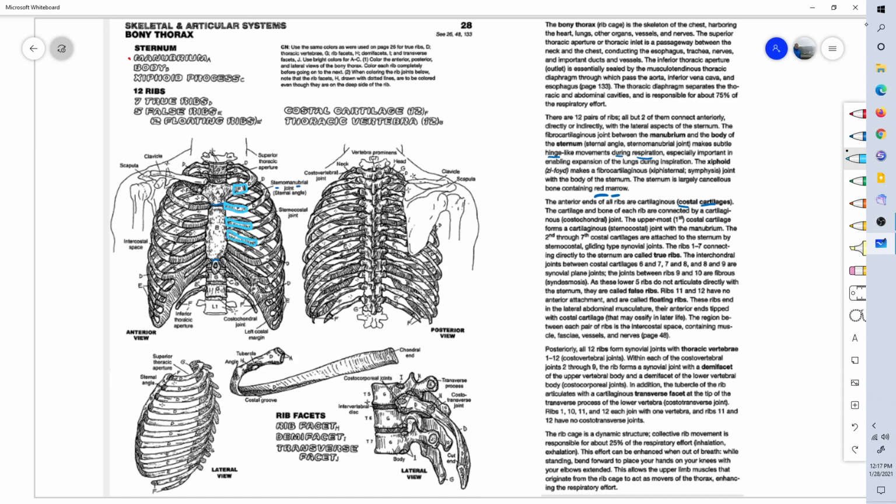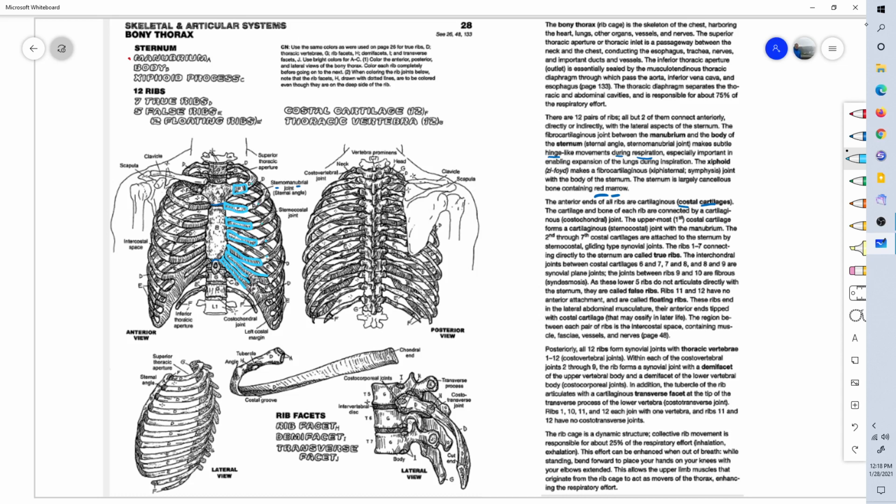And you can see as we go down farther here what begins to happen right about right here. Notice how the costal cartilage is shared. There's not one direct costal cartilage per one rib. This is the rib here. These are the ribs, bony ribs.